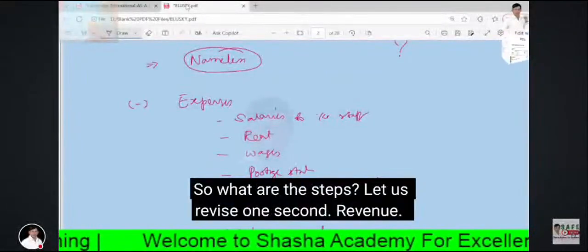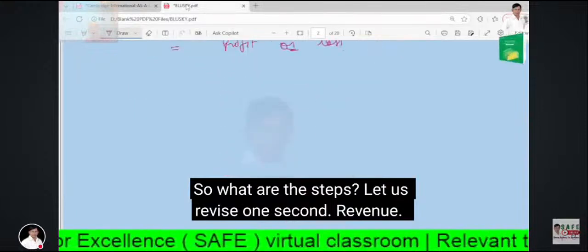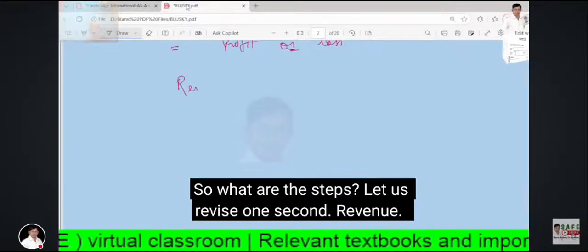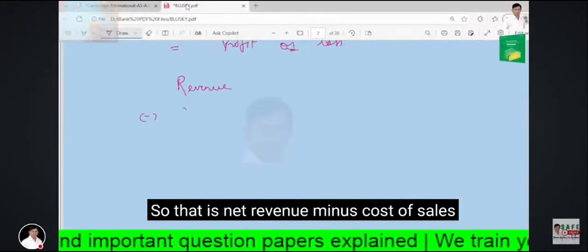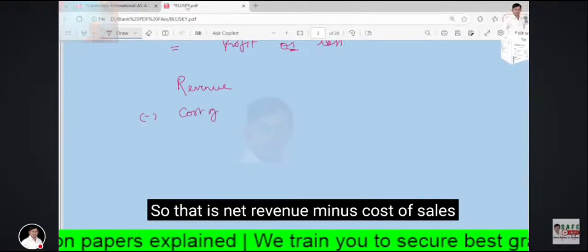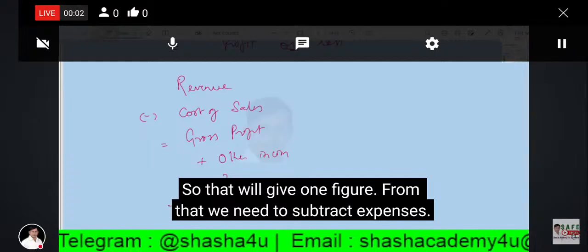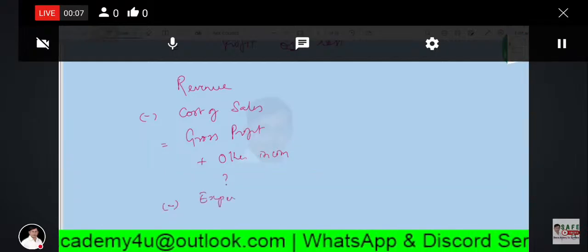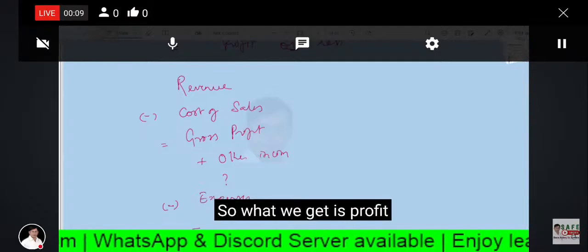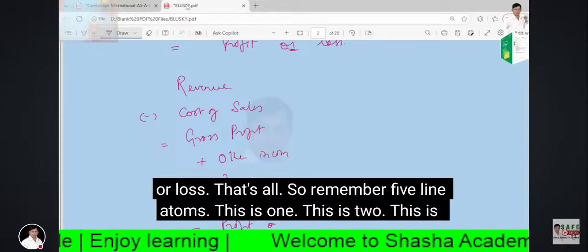So what are the steps? Let us revise once again. Revenue, that is net revenue, minus cost of sales gives one figure. From that we need to subtract expenses. So what we get is profit or loss.